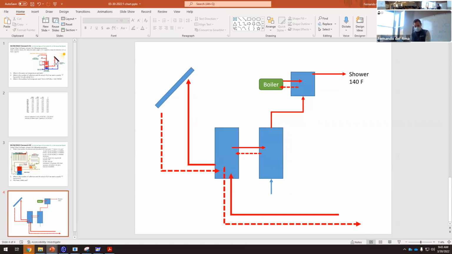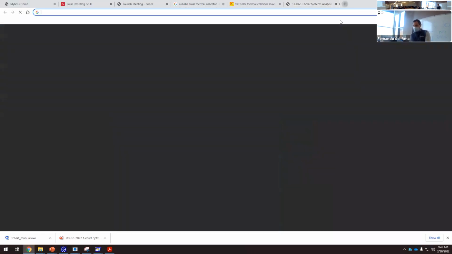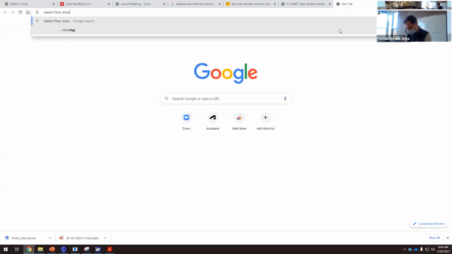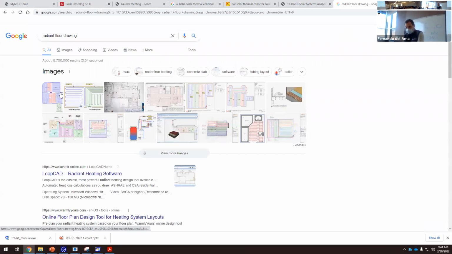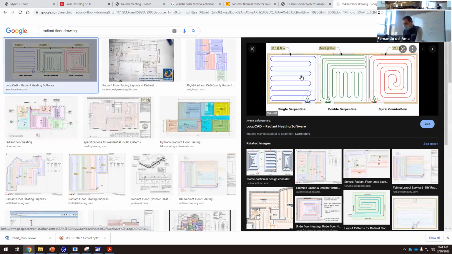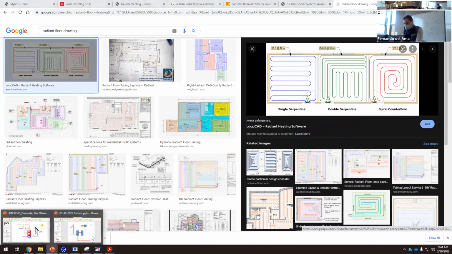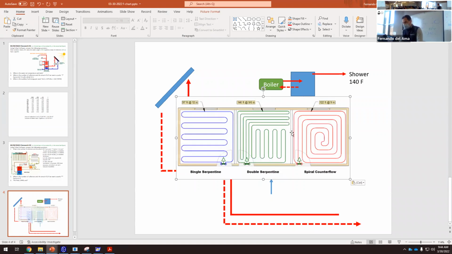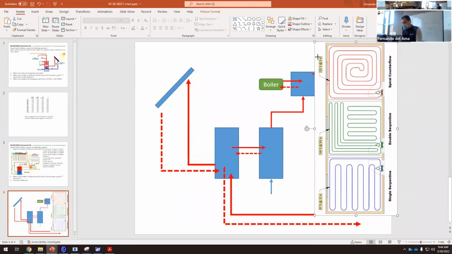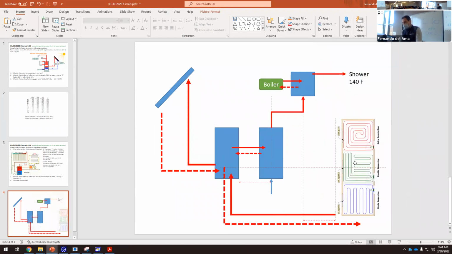And I'm going to bring something from a picture. Okay, so this is the radiant floor of the room.